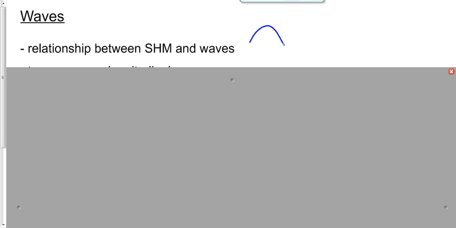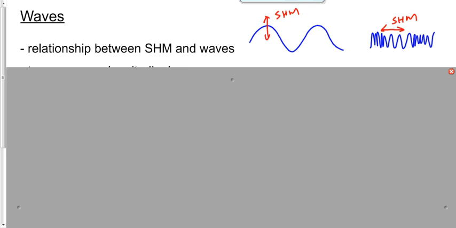We had our transverse wave where the particles are vibrating back and forth like this in simple harmonic motion, and we had our longitudinal wave where the particles are vibrating back and forth like this in simple harmonic motion. Each of those particles stay within their own little area, but they are going back and forth, motion that repeats itself, motion in which the restoring force is proportional to the displacement. They're going back and forth in simple harmonic motion.